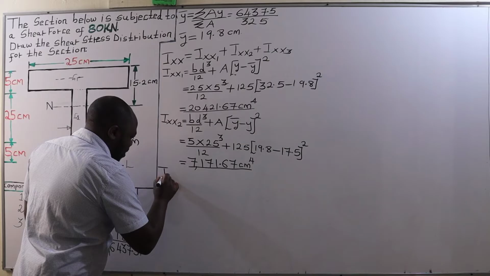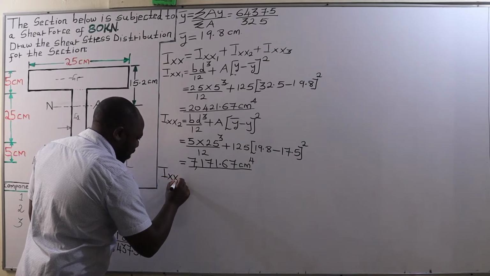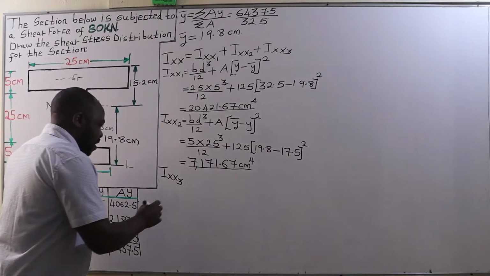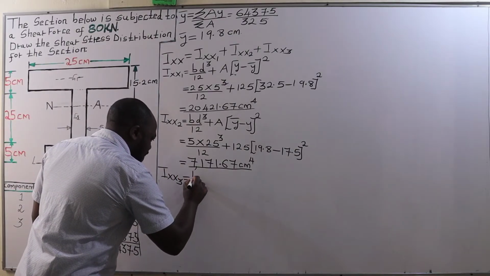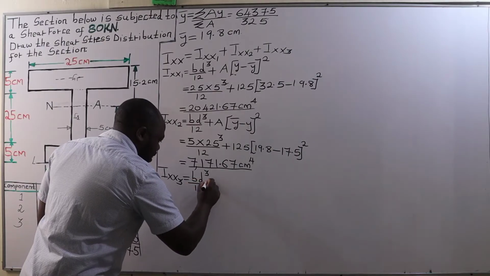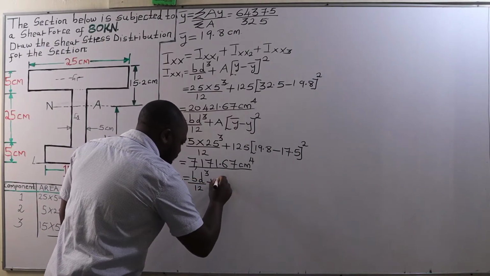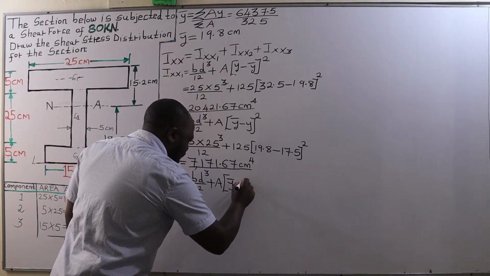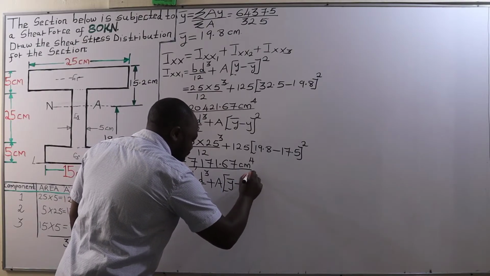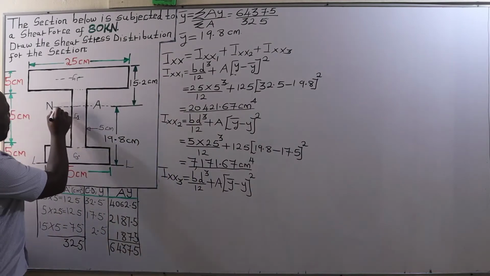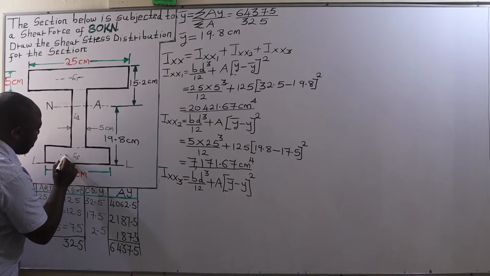Finally, the moment of inertia of the third component, that is the bottom flange, that's going to be BD cubed over 12 plus area of the bottom flange into bar y minus y squared. That is this distance from the neutral axis to G3.